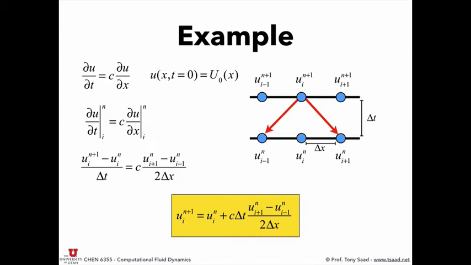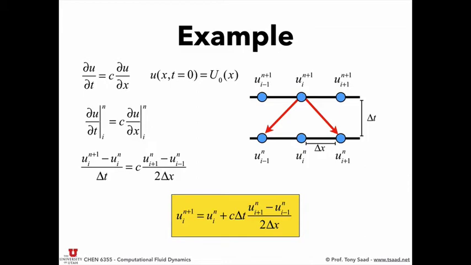Pictorially, this is saying u^(n+1) depends only on u_(i-1)^n and u_(i+1)^n, and u_i^n. There should also be an arrow over here.